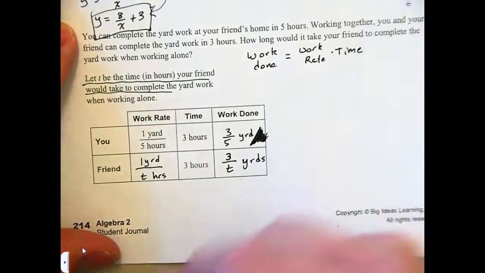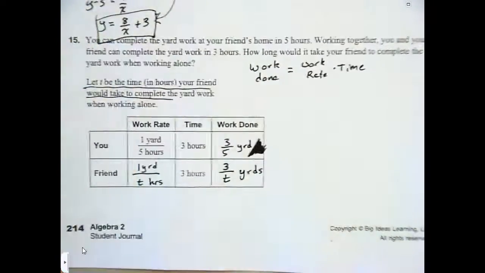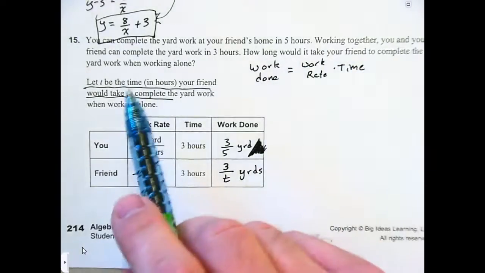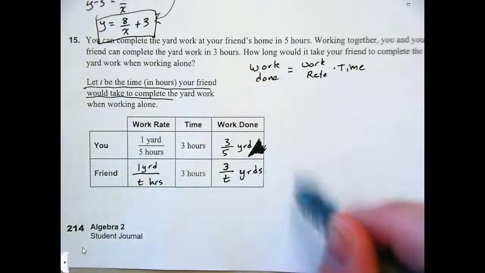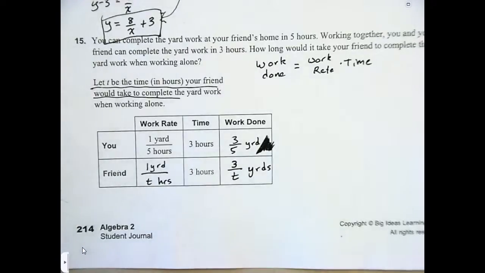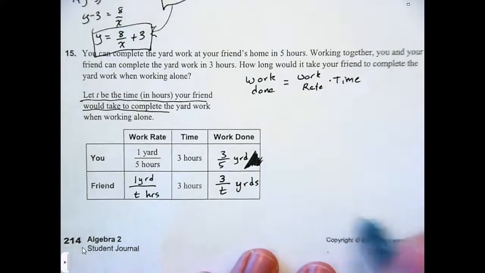Or yard. Okay? So if I'm trying to figure out how long it would take your friend to complete the yard work alone, and then how long it would take for you guys together, what do we got? Actually, I guess we know together, but in terms of your friend, what do we do? Go for it, Matt.